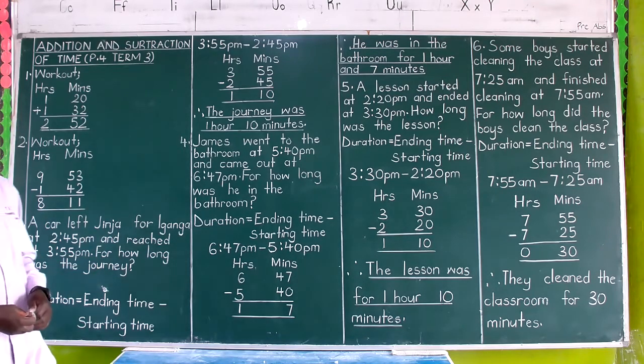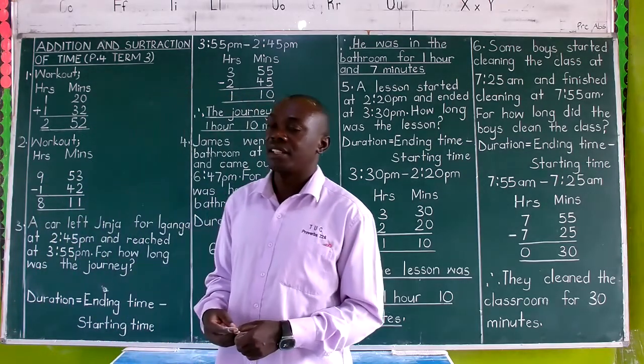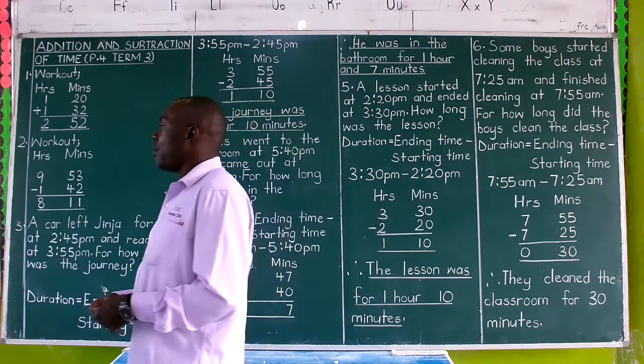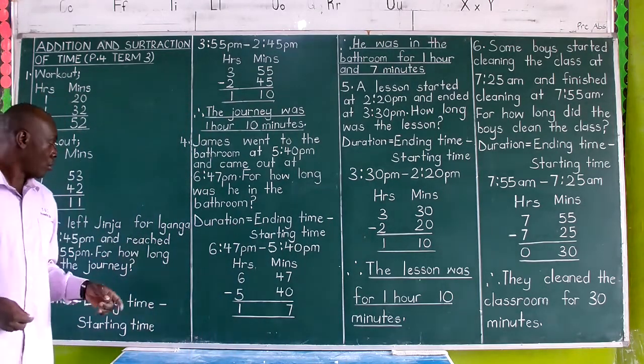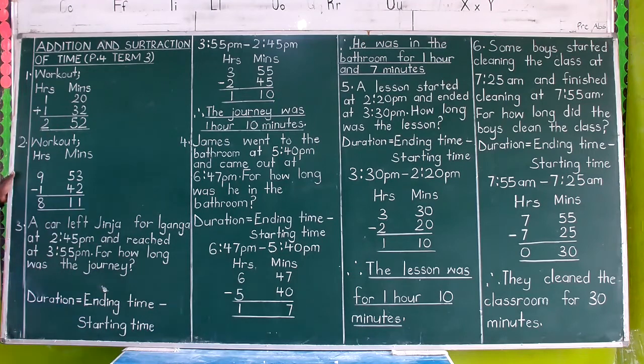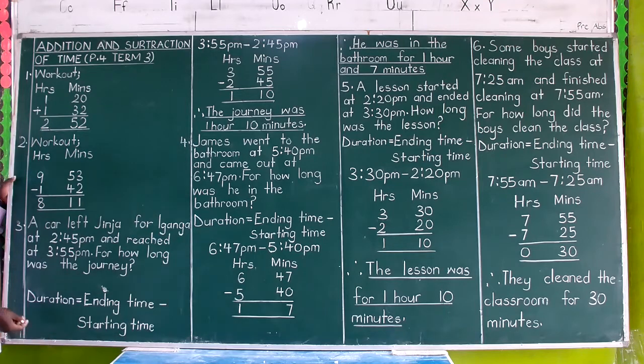We are concerned with figures in mathematics. For how long was the journey? For how long was this car driven all the way from Jinja to Iganga? So they're asking for time taken on the way, which you can call duration. So at our level, we say duration is equal to ending time minus starting time. When did he stop driving?